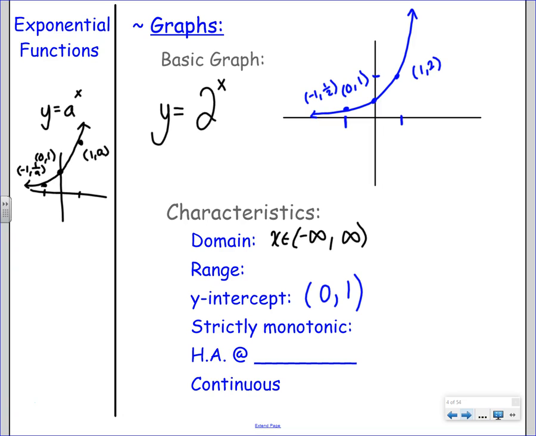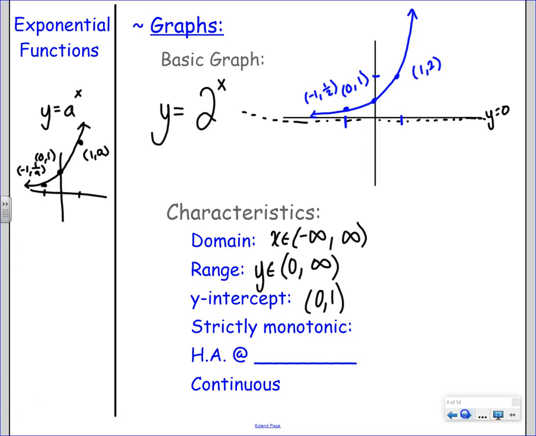Above, almost to zero. What is existing there? A horizontal asymptote. So therefore, I'm going to have an open cutoff at zero. It's not actually going to hit zero. It's going to get closer and closer and closer. And how high is it going to go? Infinity.